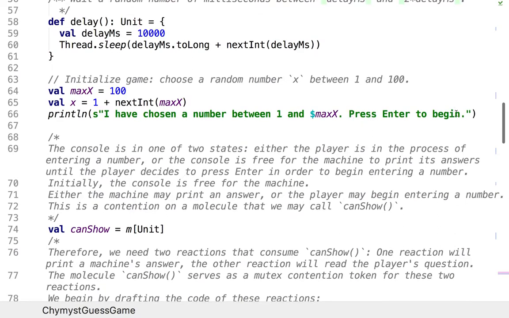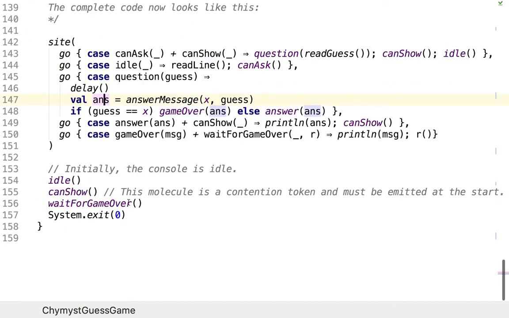Press enter to begin. So that means we need to prepare the console in the idle state initially, so we emit the idle molecule initially. We emit the contention token initially, which must be emitted. It's essentially a static molecule, which I can make static explicitly to reduce possibility of errors and perhaps to optimize the execution. And finally, I emit this blocking molecule, which waits for game over.